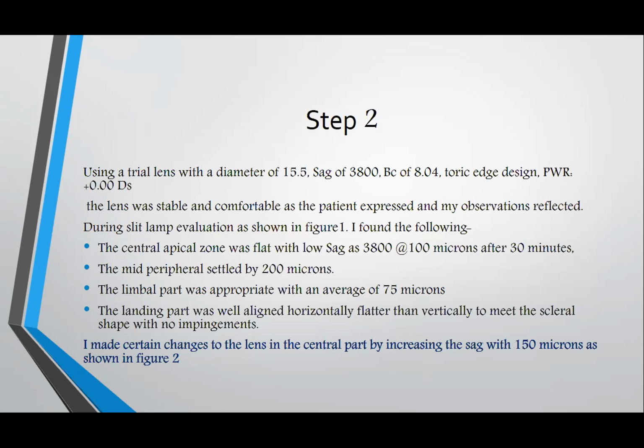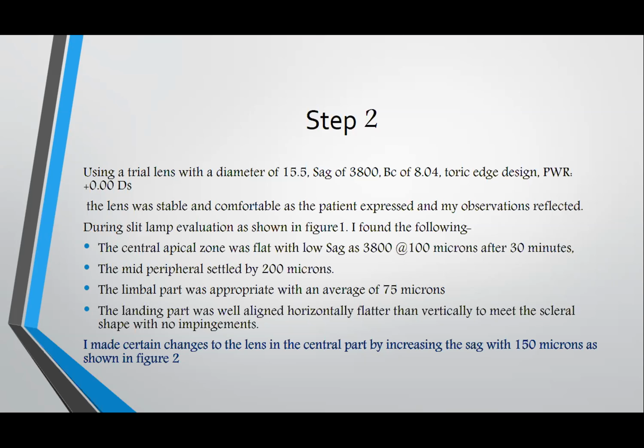The lens was stable and comfortable, and the patient expressed her happiness with the comfort and satisfaction, as did my observation. During my slit lamp evaluation, I'll show you the figure of how it reflects.